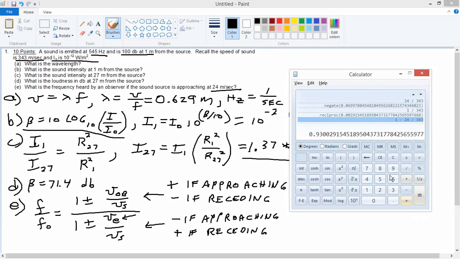That's the denominator. Get the reciprocal. Multiply it by 545, the original frequency, equals. So I get 586.